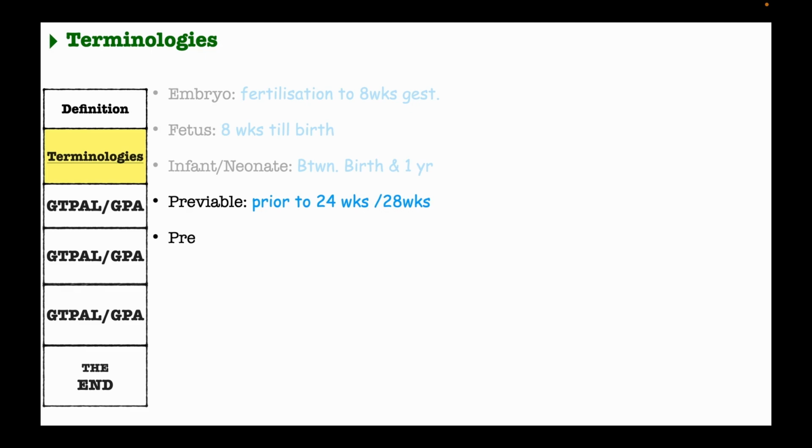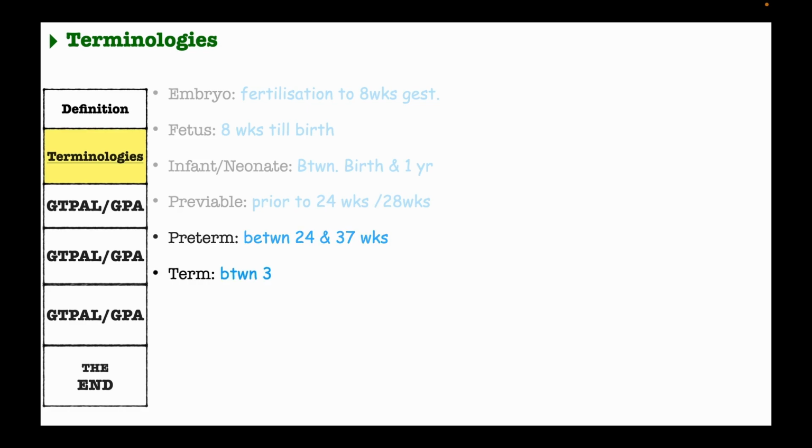And so when we say preterm, it is between 24 and 37 weeks of gestation, as I've already said, in the developed countries, and 28 and 37 weeks of gestation in developing countries.